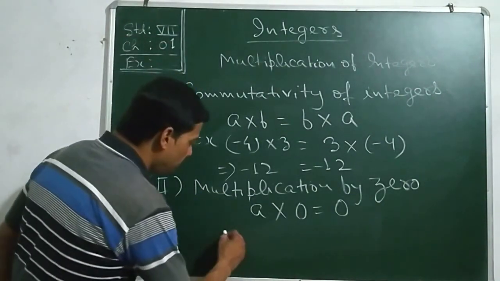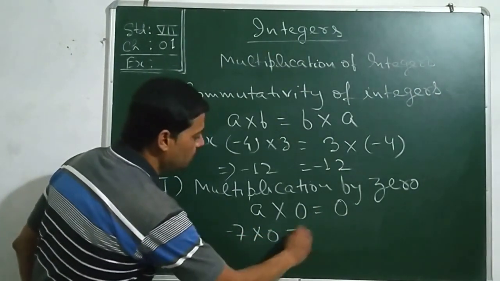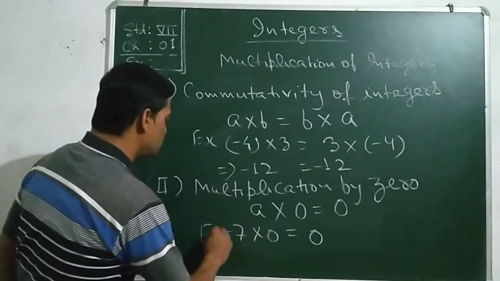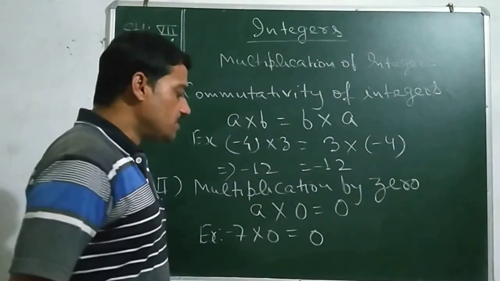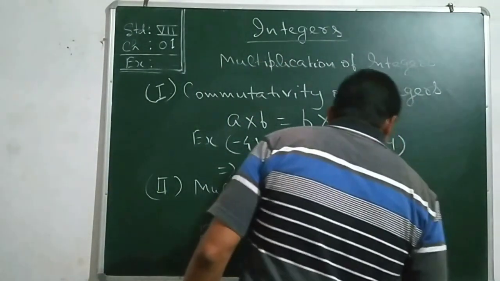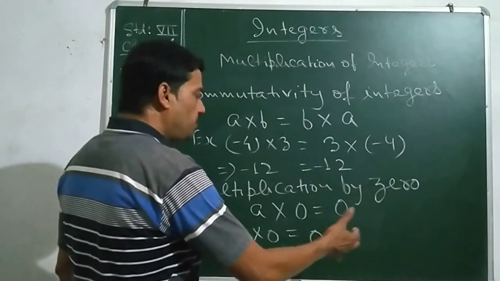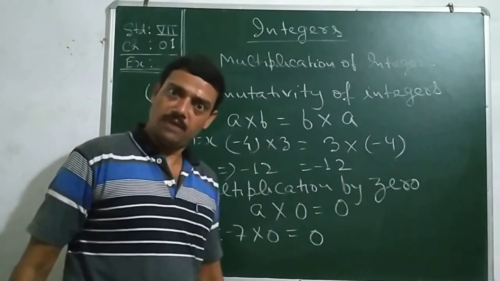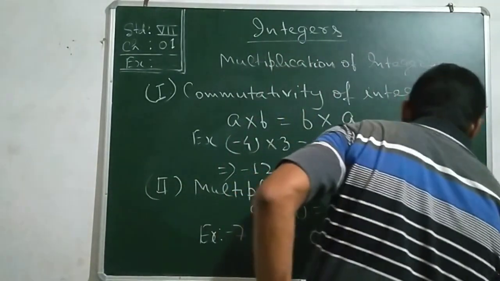Take any example, integer minus 7 into 0 equals 0. This is multiplication by 0. So zero will turn any integer to 0 if multiplied with 0.